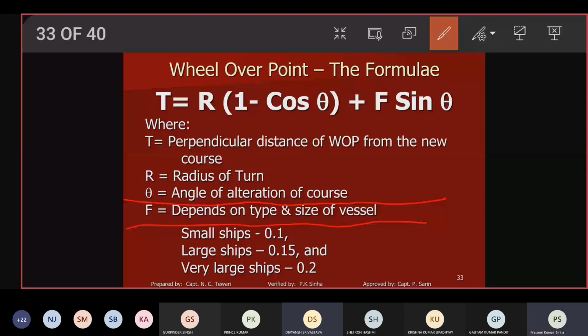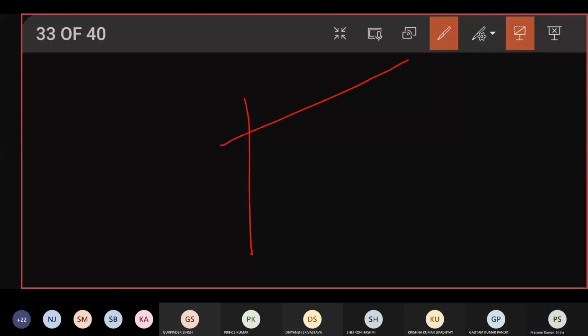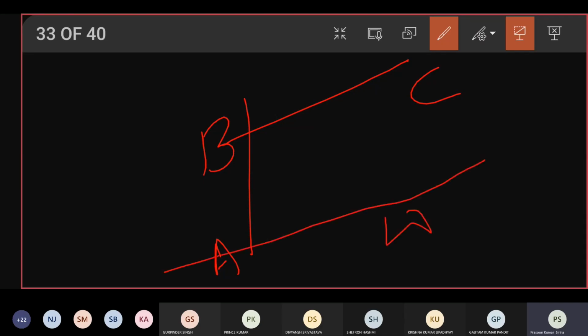F is basically the reaction distance. Now what we are saying is that if AB is the initial course, BC is the final course, then we have a line called the wheel over line, which is having a parallel distance of t.